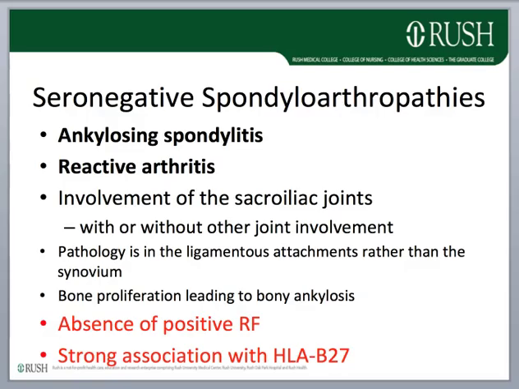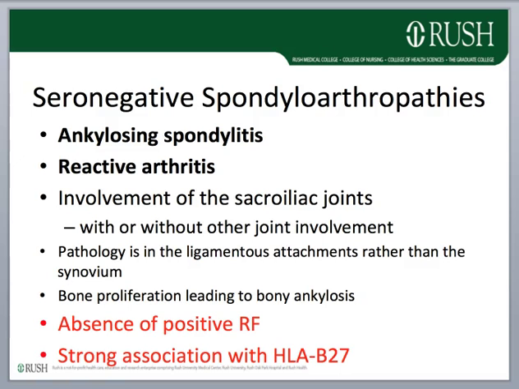The next group of arthritides that I'd like to share with you are the seronegative spondyloarthropathies. These include ankylosing spondylitis and reactive arthritis. What they have in common are involvement of the sacroiliac joints, and this may occur with or without other joint involvement.